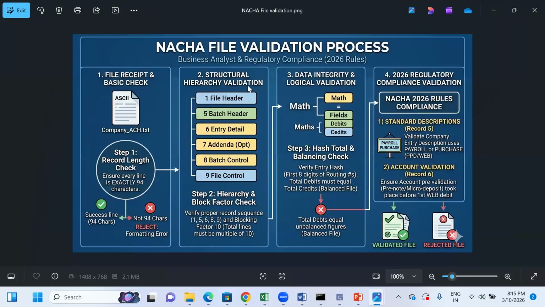Because we have to update what the total debits and total credits are. Normally, when using NACHA, we are usually sending high volume payments.